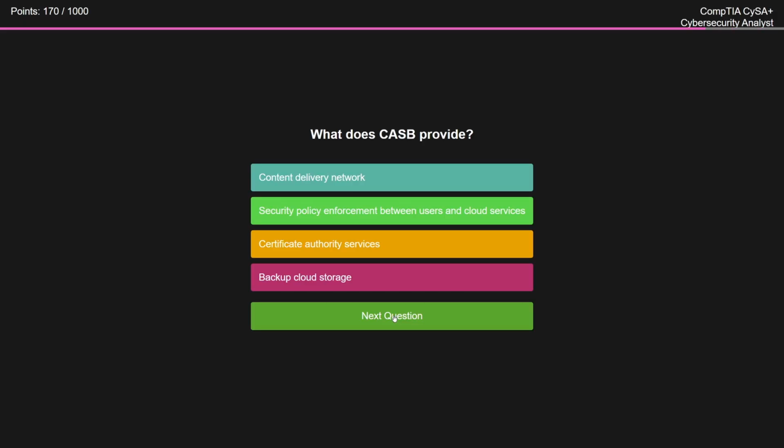What does a Cloud Access Security Broker provide? A content delivery network, security policy enforcement between users and cloud services, certificate authority services, or backup cloud storage? The one I'm going to say for this is security policy enforcement between users and cloud services.